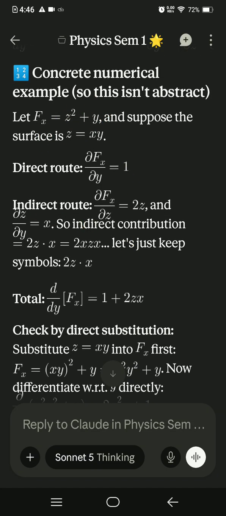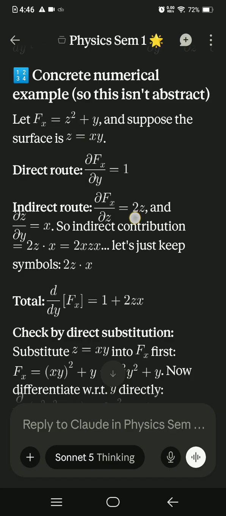Then the indirect route is to see how fx is changing with respect to z, so 2z, and then multiply it by how z is changing with respect to y, so x. So 2zx.